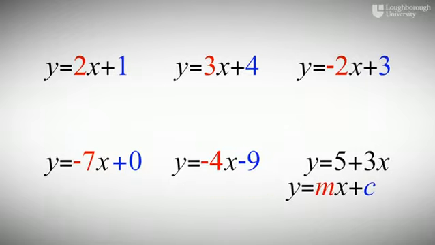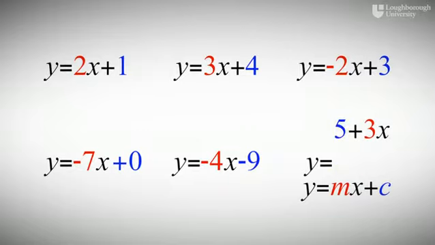In y equals 5 plus 3x, notice that the coefficient of x is now 3, so m is 3 and c is 5. We could have written this equation in the equivalent form y equals 3x plus 5. You will often come across equations written in seemingly different yet equivalent forms. You must learn to watch out for this.